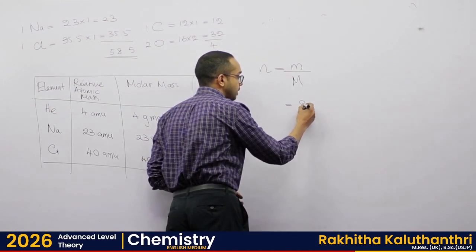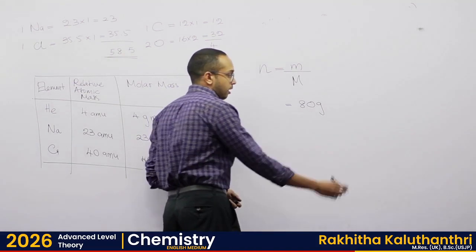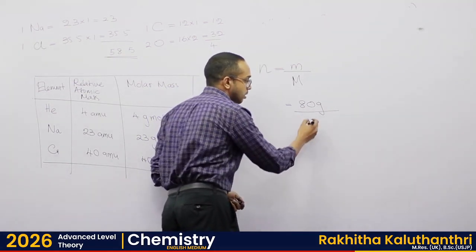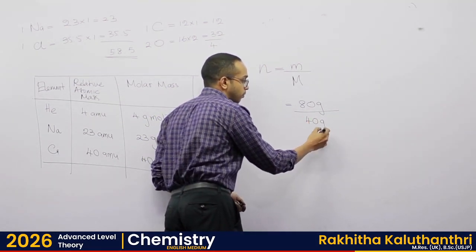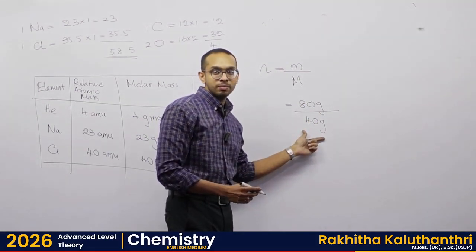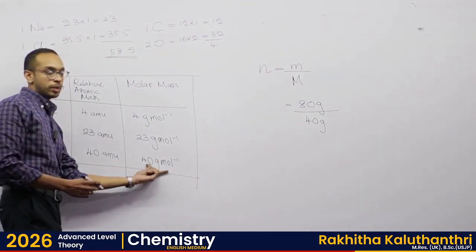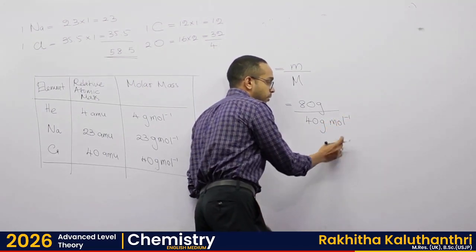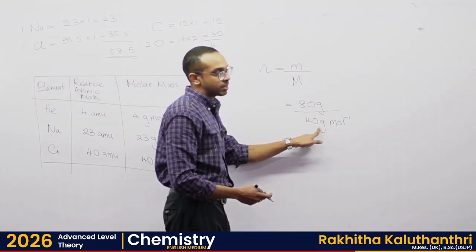This is what you did exactly here earlier. I told you I have 80 grams of calcium, and then you immediately divided the 80 grams with the mass of 1 mole of calcium. 1 mole of calcium has a mass of 40 grams. Usually students, what we substitute here is the molar mass of calcium. Molar mass has its own unit. What is the molar mass unit? Grams per mole. So we have to substitute the correct unit here. Per mole indicates a single mole is 40 grams heavy.